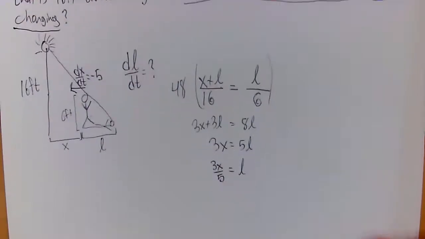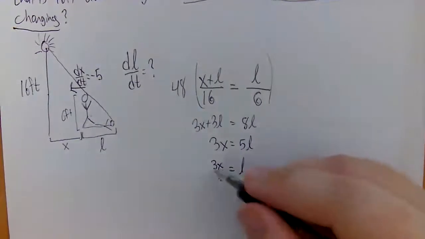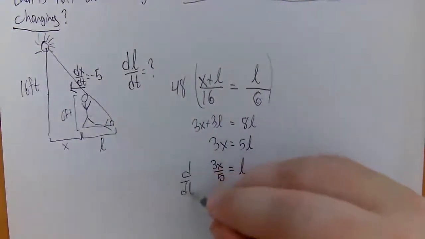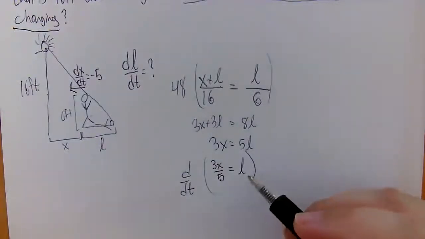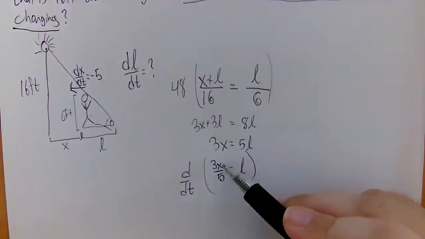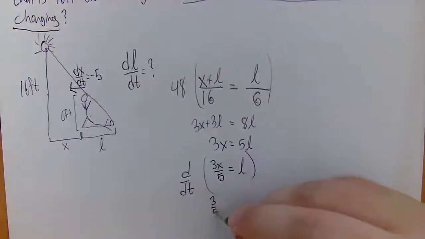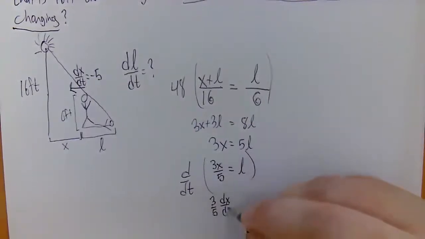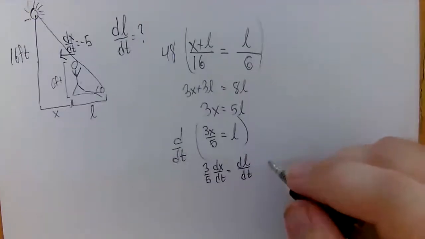All right, so with all of that said, let's go ahead and take the derivative of both sides here. So if I do the derivative, what are we going to end up with? We're going to have 3/5 dx/dt, and then over here we have dL/dt.